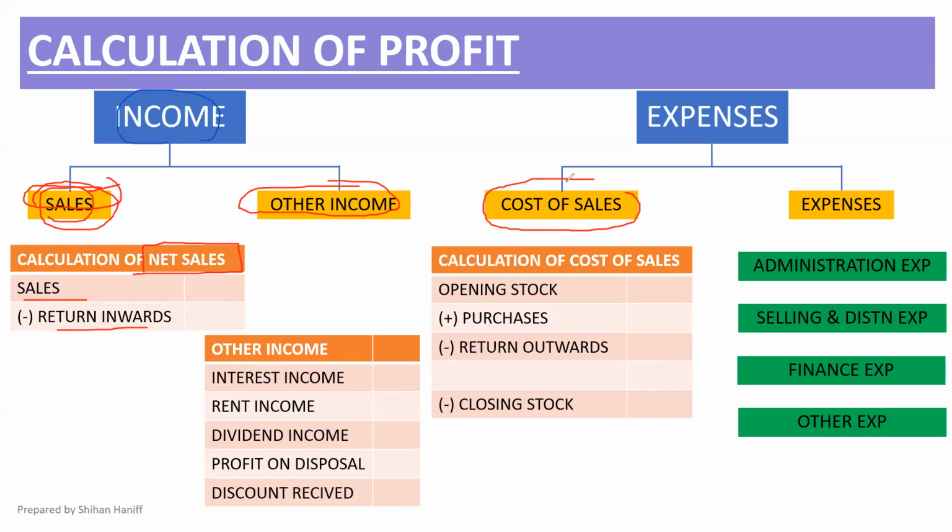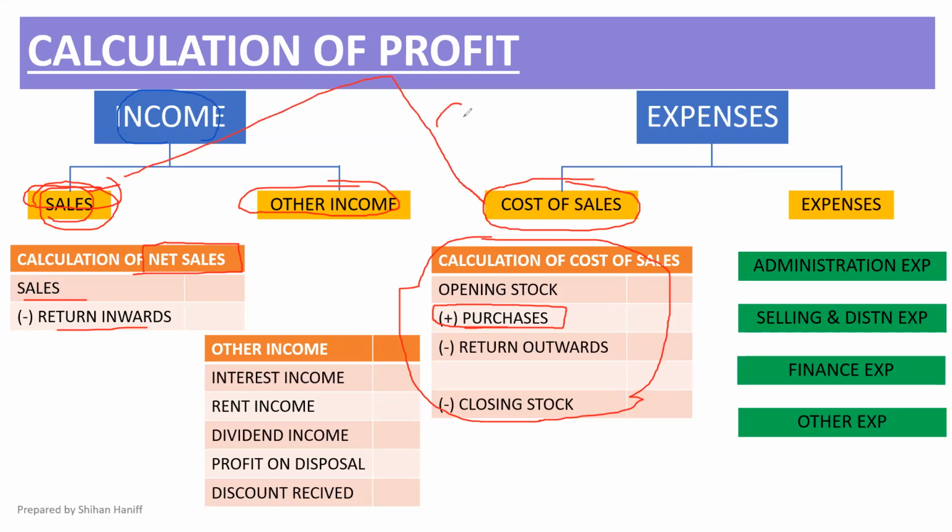The main expense of the business is cost of sales, which is actually the purchases. Cost of sales is calculated using this equation: opening stock plus purchases minus closing stock. By taking the sales and the cost of sales, we calculate the gross profit. Then we add other income and deduct all the expenses, administration, selling, finance, other, and you will get the net profit. So this is how you calculate the profit in the business.